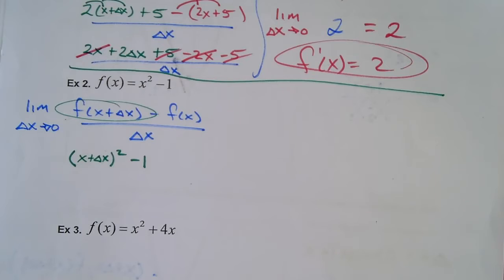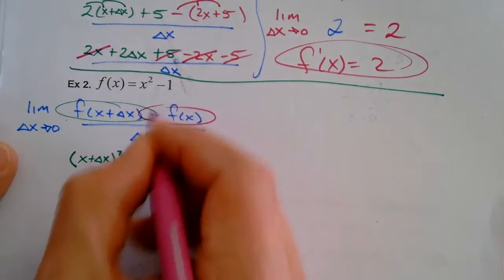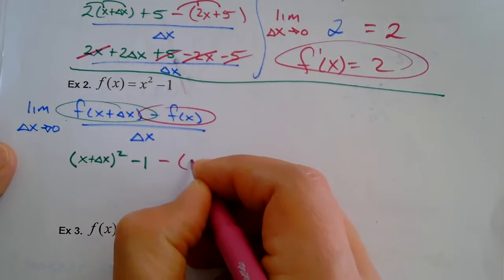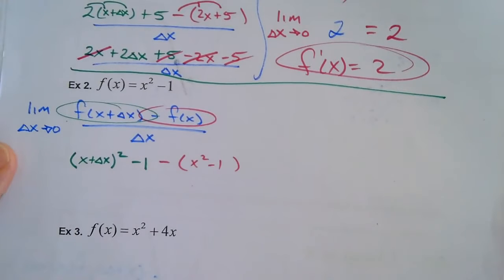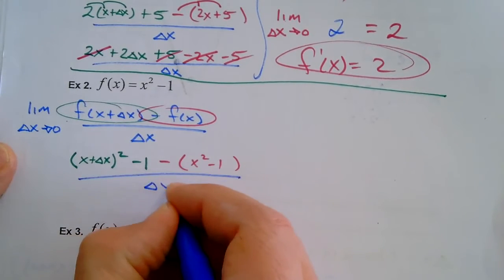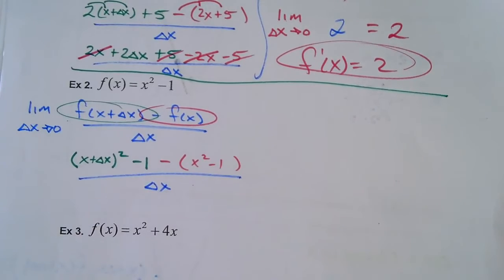Are you okay with that? And then we've got to subtract f of x. We're going to subtract that whole thing, x squared minus 1. That's all over delta x. Are we okay with that?